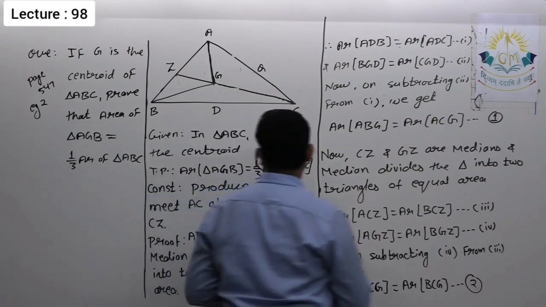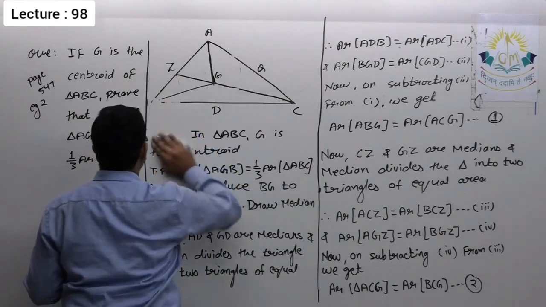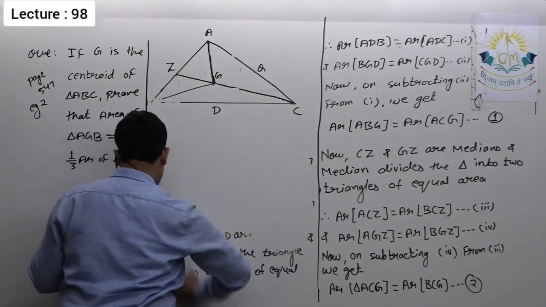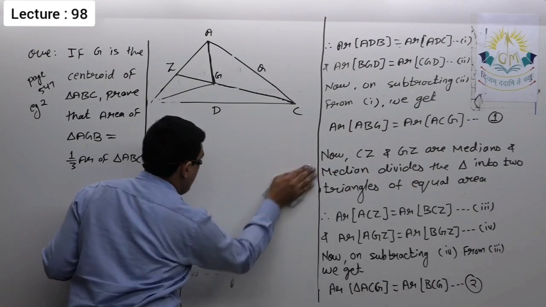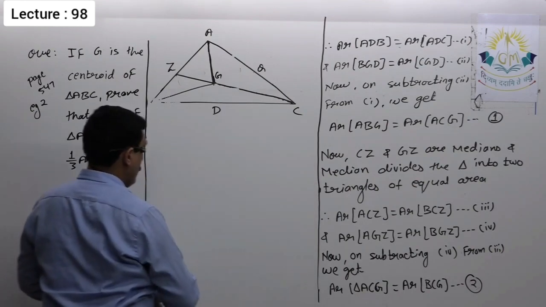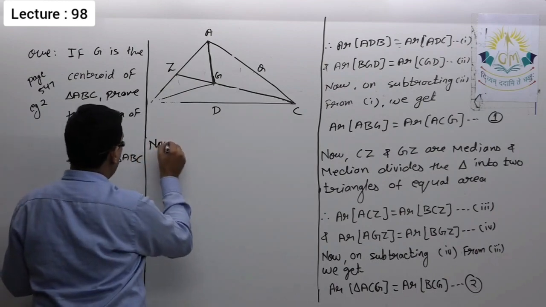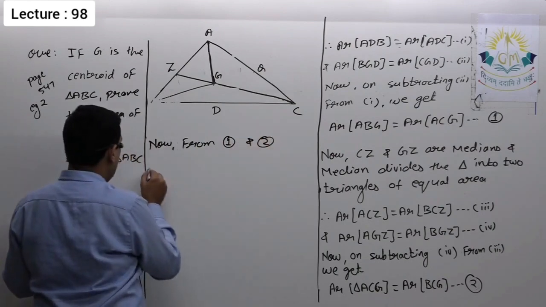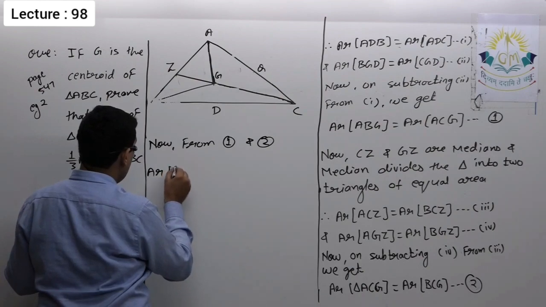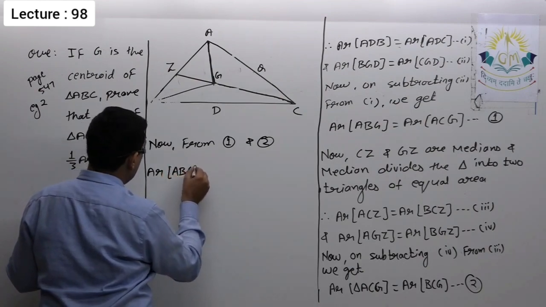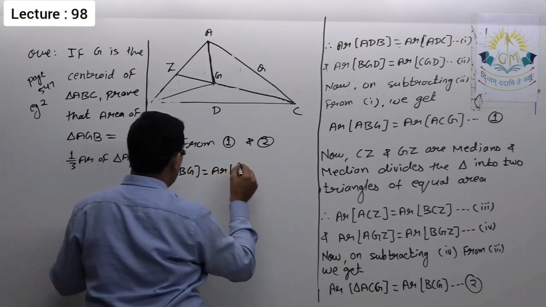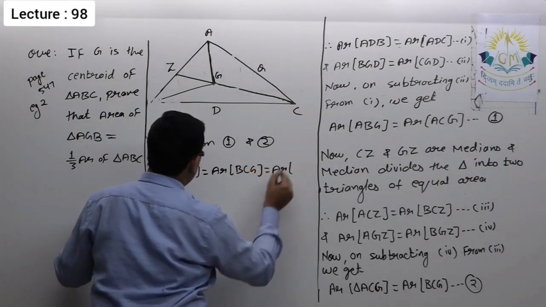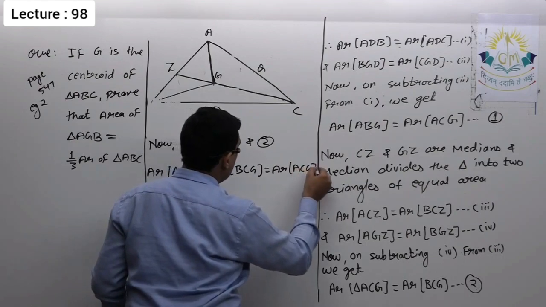Okay, so after this I'm writing over here. Now from first and second, area ABG is equal to area BCG is equal to area ACG.